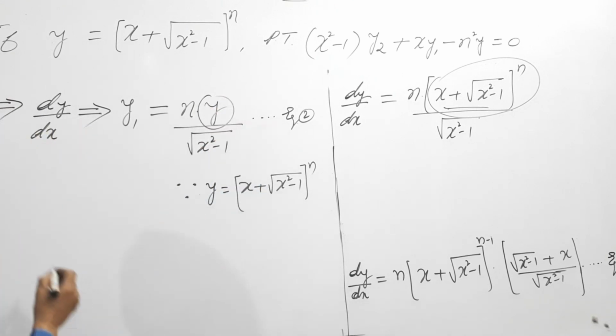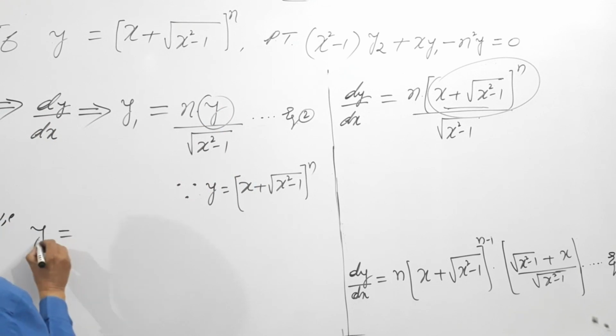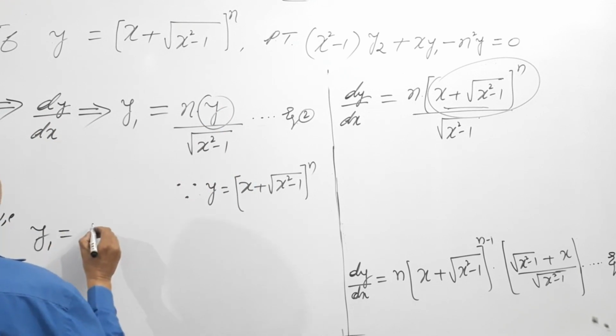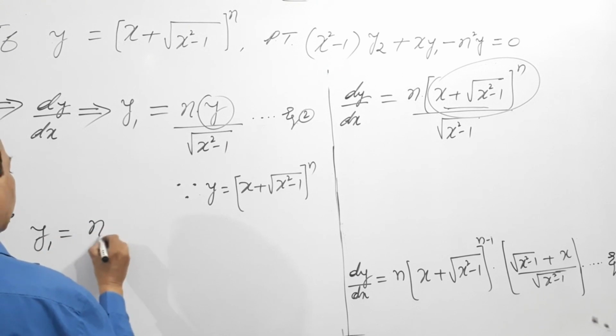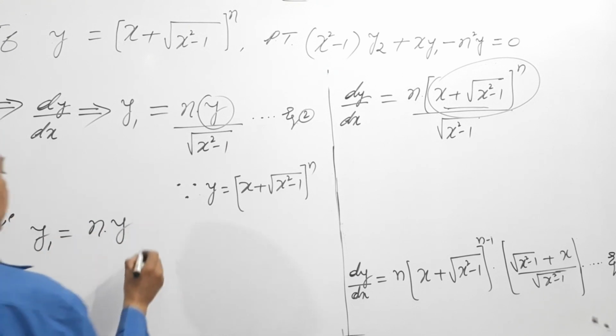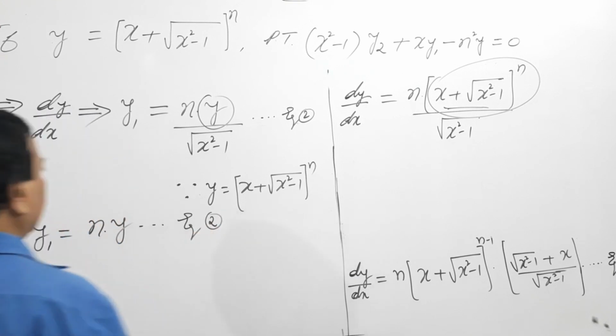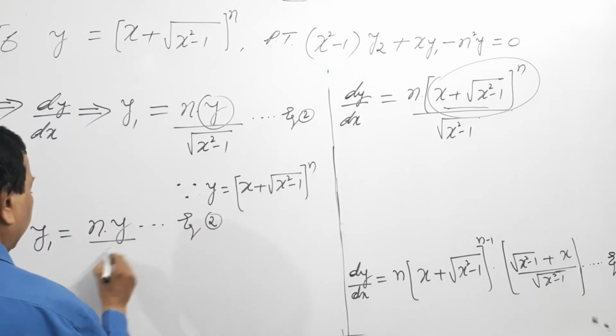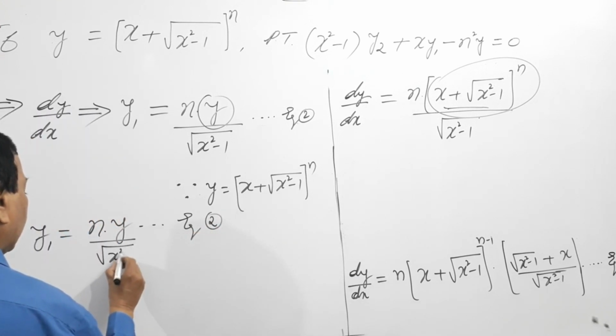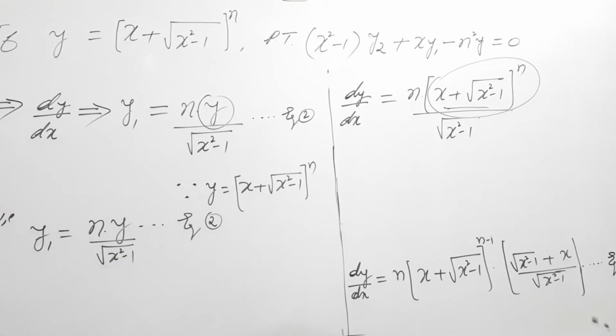So that is y1 equals n into y, so this is our equation 2, divided by x square minus 1, isn't it?